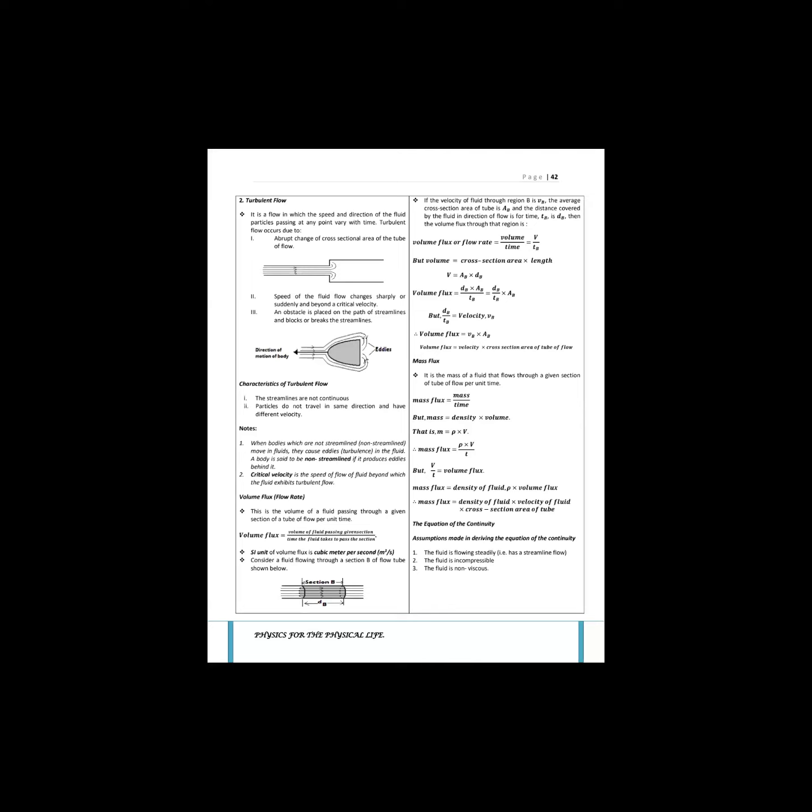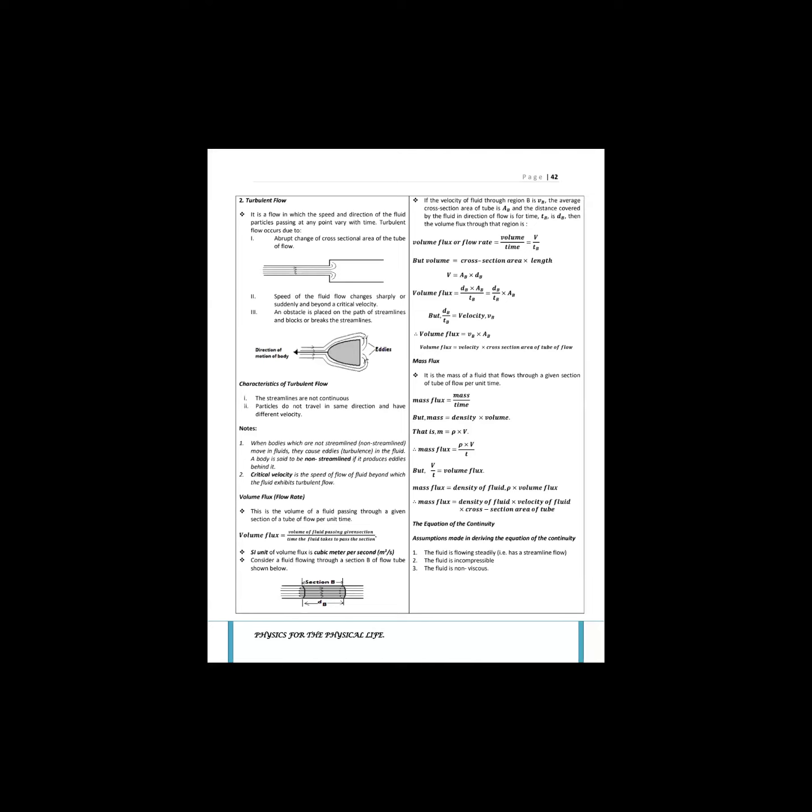So when we factor in time, ndio tunaongeza flux. So can we first write the formula of a mass from the knowledge you got in Form 1?